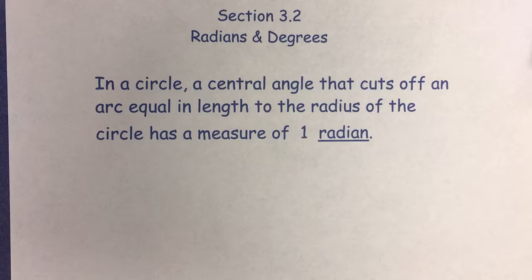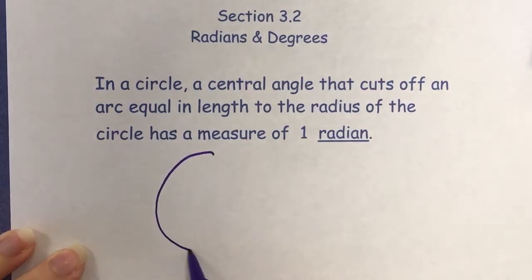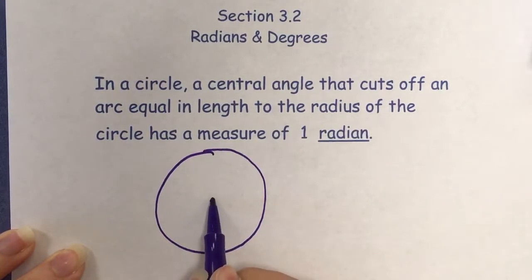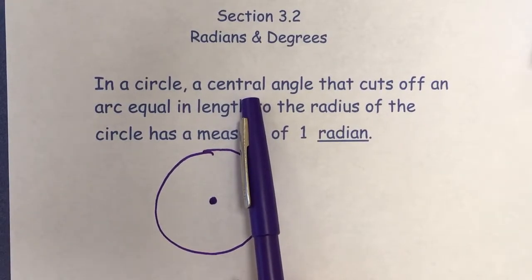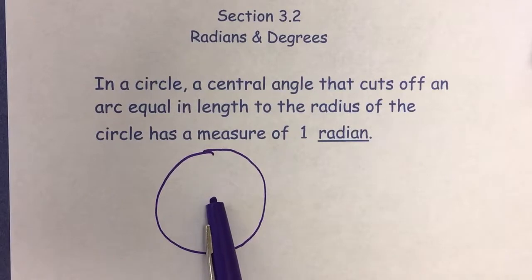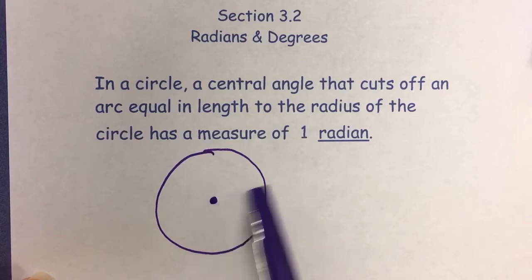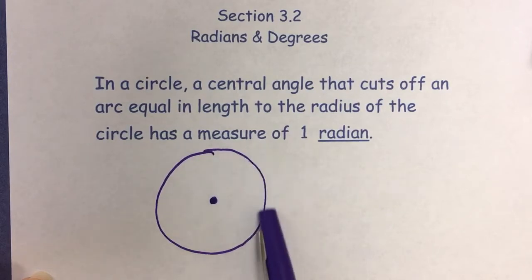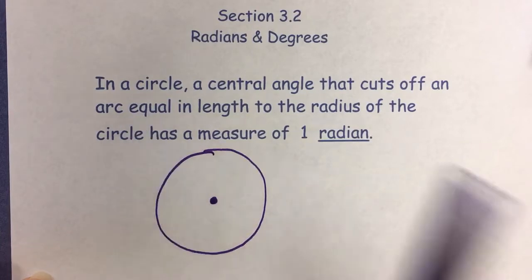Okay, so what this is describing, of course, if you have a circle, and here is our center. It refers to a central angle, so your angle is going to be formed here at the center of your circle. When you form this angle, the arc that's cut off is going to be the edge of your circle, and the length of the radius and this arc have to be equal to each other.